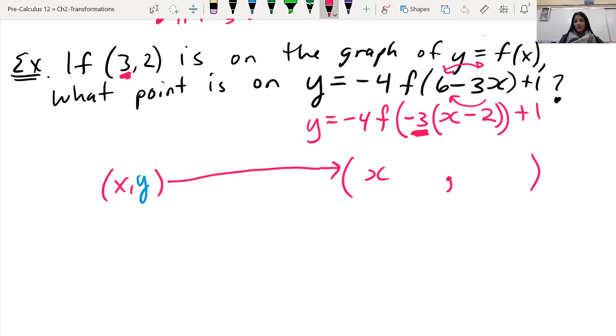This does, so there's a -3 there, and this does, but nothing else. So if I have a -3 in front of there, that means that I'm going to multiply by, I think this might be the first time this came up, but we're going to multiply by a negative. But if there's a -3 there, it's actually -1/3. That's what we're multiplying the x values by. And if here we have a -2, that means we're actually adding 2 to it.